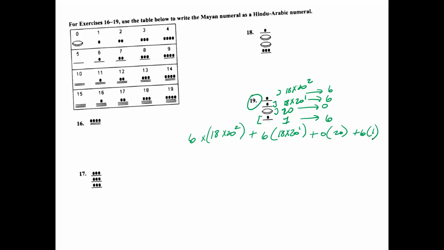Keep in mind that 18 times 20 squared is going to give you 7,200, with 6. 18 times 20 is going to give you 360. 0 and then 6. Multiply this part out, it's going to give you 43,200.